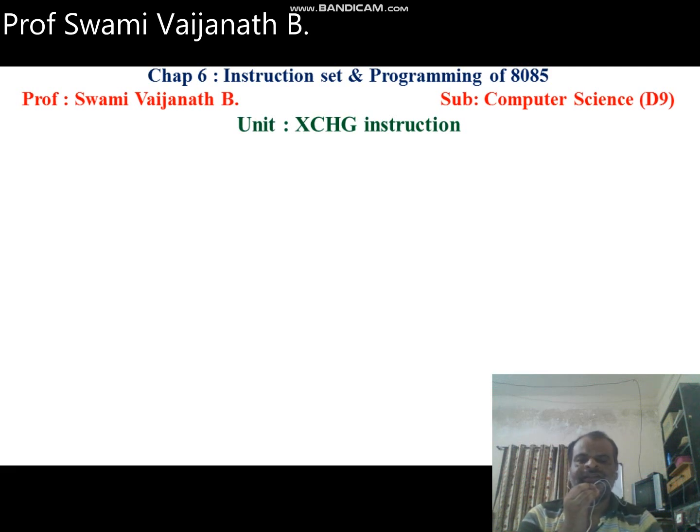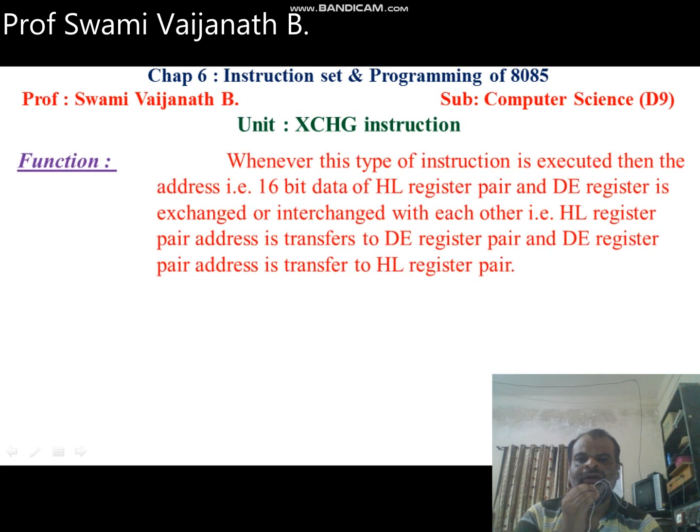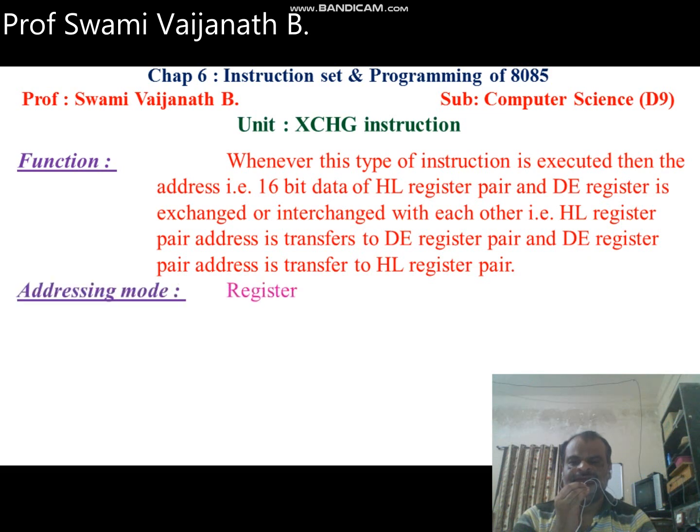The addressing mode for this instruction is register. Why register? Because the H register and L register, and the D register and E register are used separately, so its addressing mode is register.